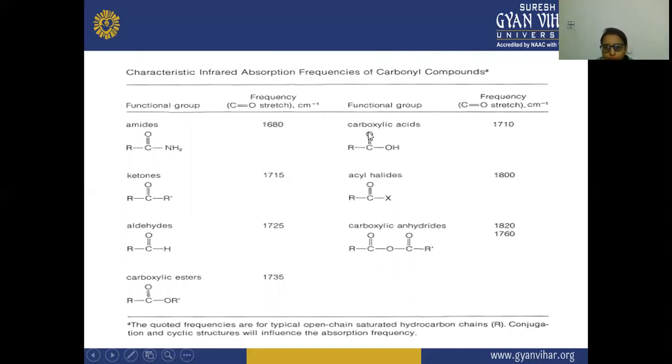The other compounds show frequencies at these values on the IR absorption chart, and the ketone shows its own. All of them have a C=O carbonyl group, but they show different infrared absorption frequencies.